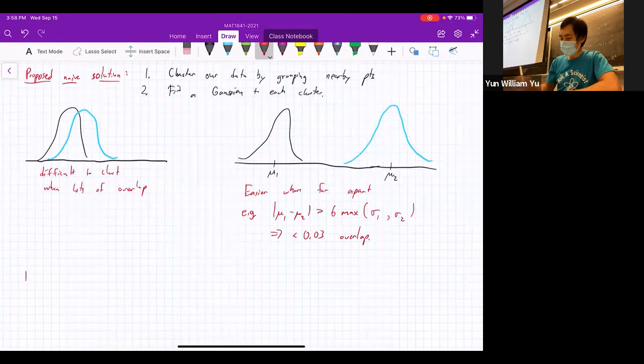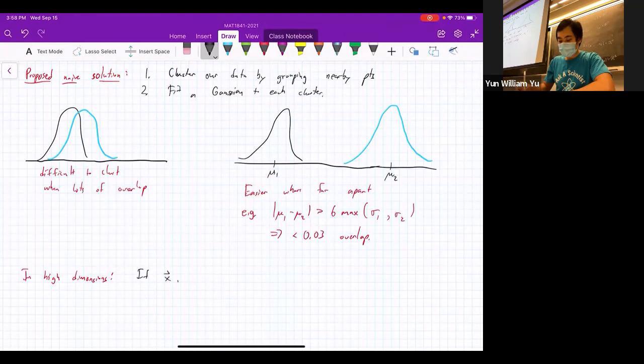So in high dimensions, if we know that 2 points, X and Y, are drawn from the same distribution, mu, sigma squared, sorry, I'm running a bit out of time, so I'm rushing.